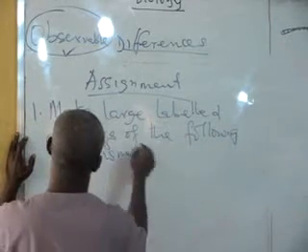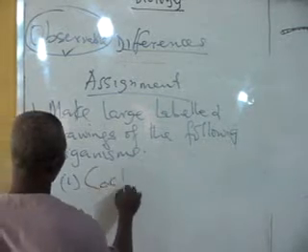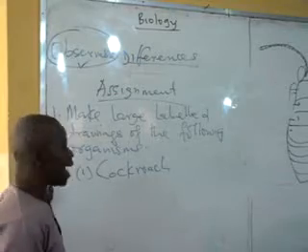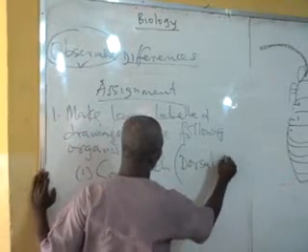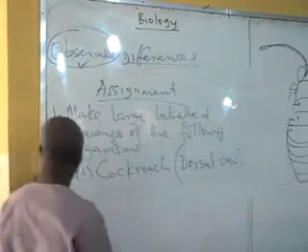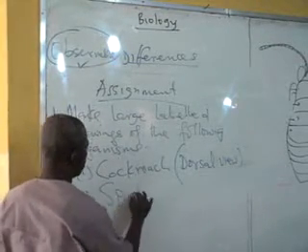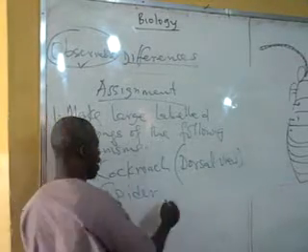One, I would like you to draw the cockroach, and normally we consider the view, so make the dorsal view of the cockroach, and then make your own drawing of a representative organism of Arachnida, which is the spider.